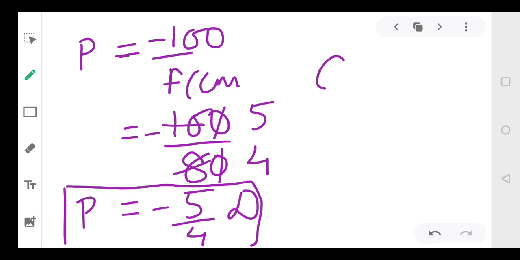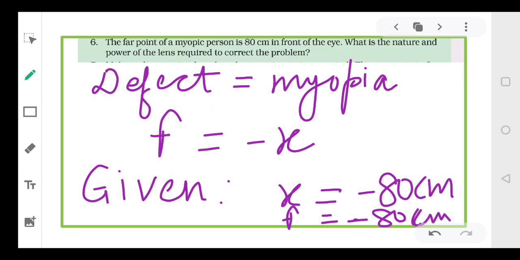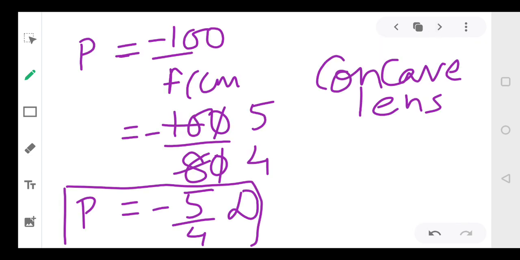So we will have a concave lens, isn't it? Which lens will we use? Concave lens. It is asked, what is the nature of the lens? So the nature of the lens is concave, right? We will be using a concave lens, and it will have the power minus 5 by 4 diopter. Okay, everyone?